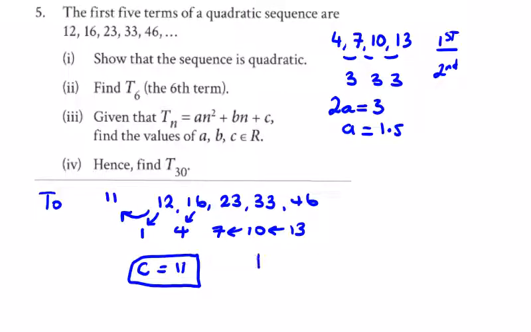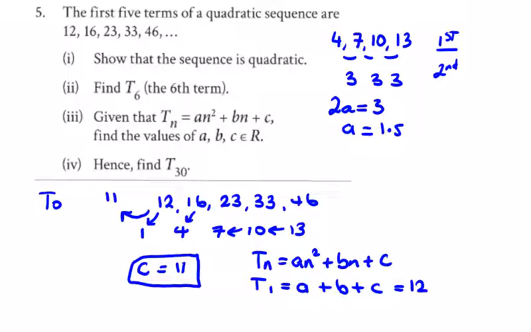And always, if I write my sequence out, an squared plus bn plus c. If we put 1 in for n, we're just going to get a plus b plus c if we put t1. So a plus b plus c is always equal to t1, which is 12 here. We have a from up above, 1.5. We just got c to be 11. That's 12.5.